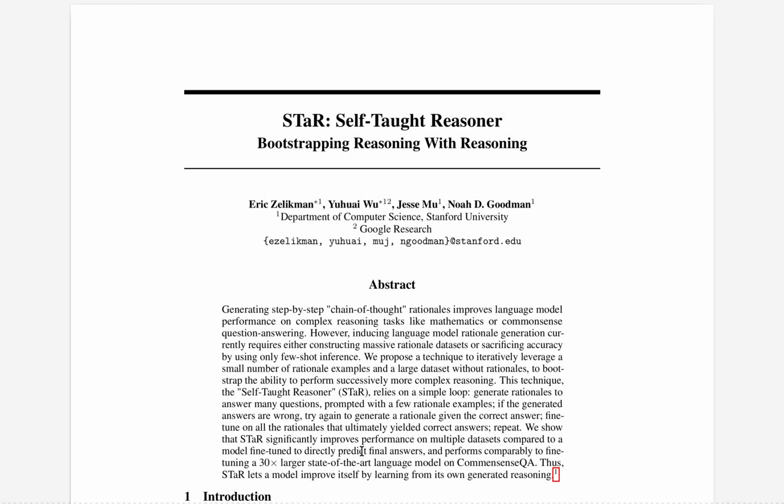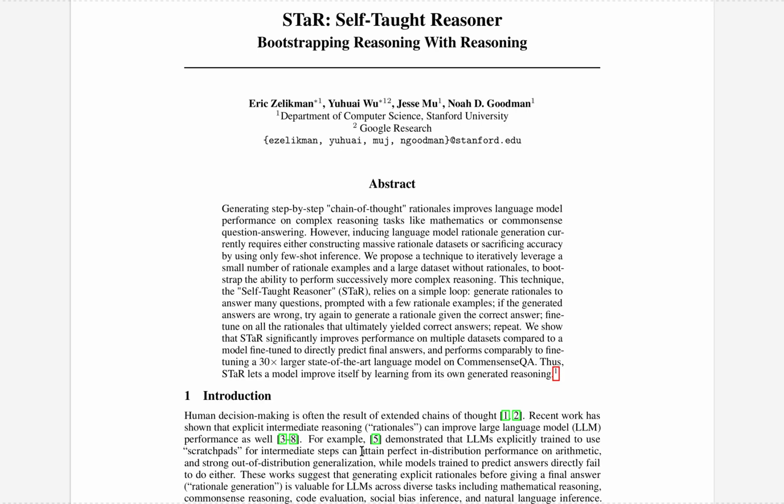Title reads, STaR, Self-Taught Reasoner, Bootstrapping Reasoning with Reasoning. So the problem is the model has its shortcomings and it needs to be improved. The idea of bootstrapping the model, having the model improve itself, using the model, it's a really interesting idea.